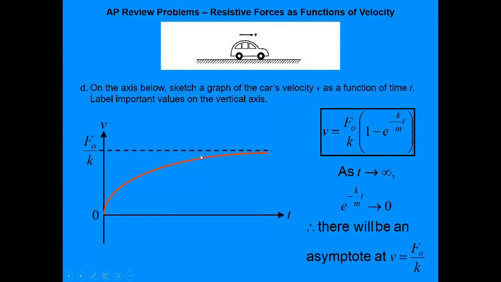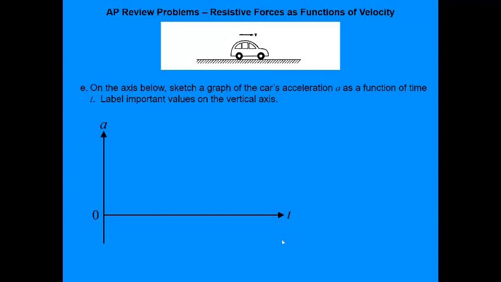It's still speeding up, but it's speeding up more slowly. And it will continue to do that, right, getting closer and closer to F of O over k. So note, you could get a point if you just graph that shape. Second point, you needed to apply infinity to time to figure out the asymptote.